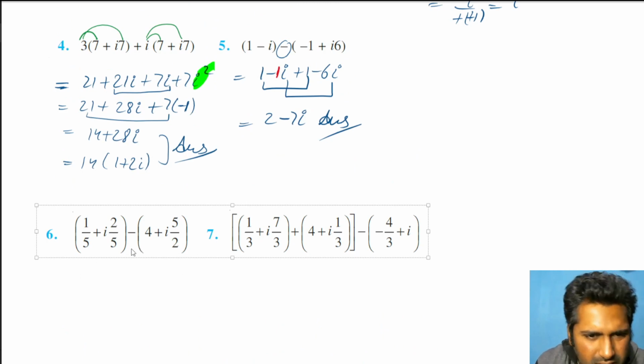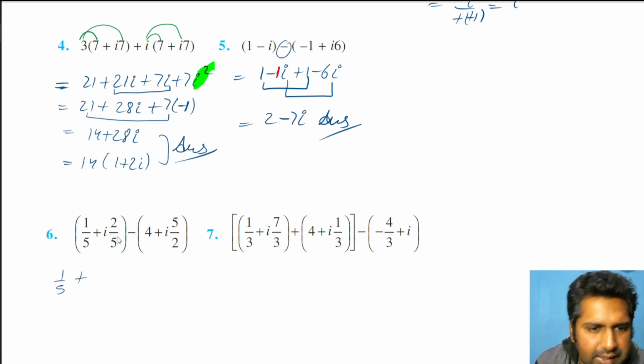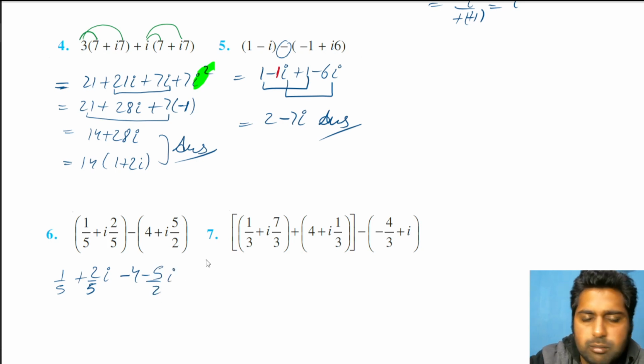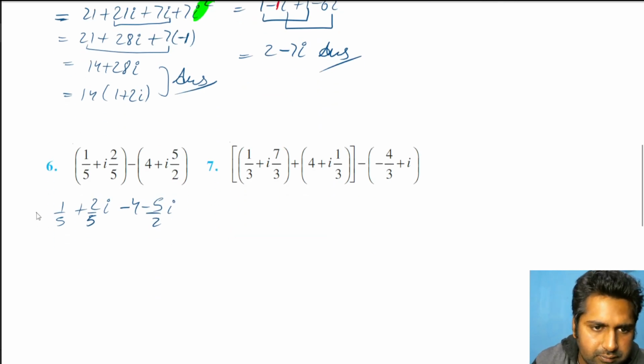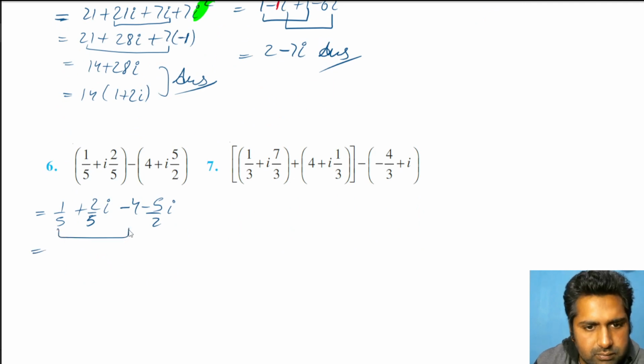Same thing again here. 1 by 5 plus, you can rewrite this as iota into 2 by 5, or 2 by 5 iota also. Okay. Minus 4 minus 5 by 2 iota, and then deal number with number and iota with iotas.